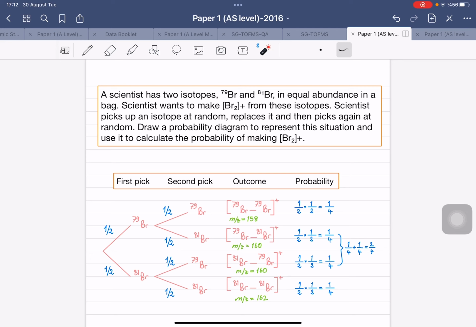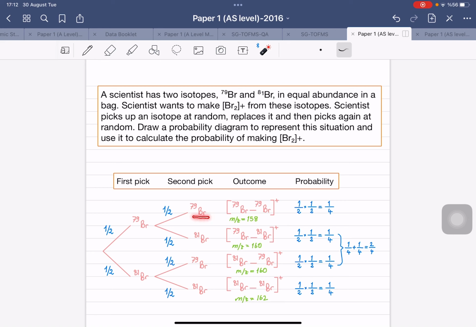Okay, in my second pick, I may get bromine 79. Again, the same chance, 1 out of 2 probability. Or I may get bromine 81.